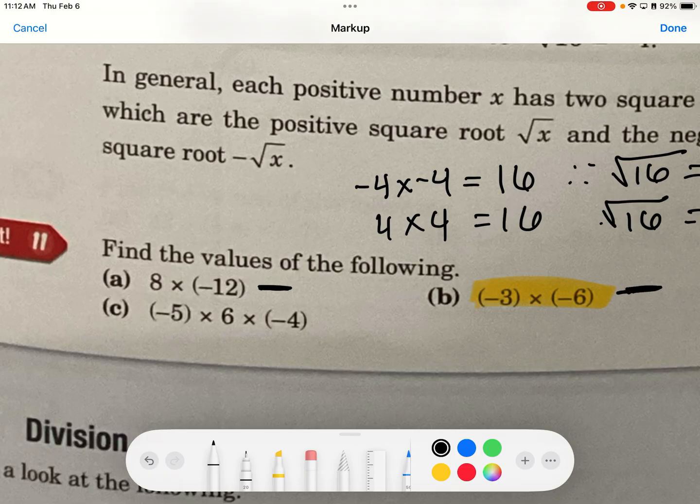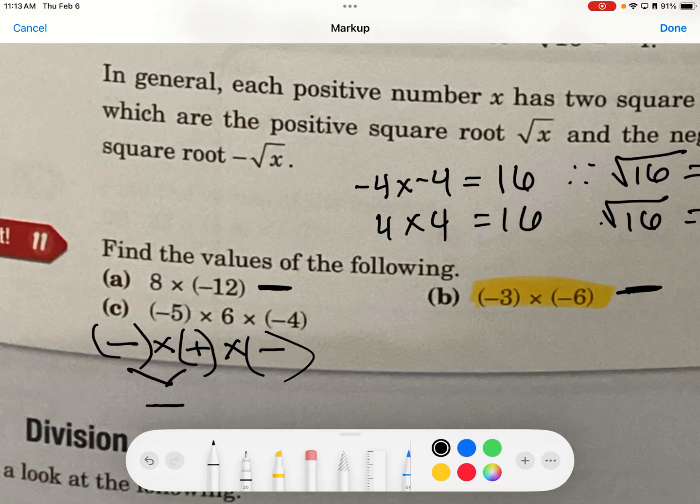Bingo. Now, this one. Tell me what it is, but walk me through it. Left to right. Okay, so, like one of the problems before, we have negative times a positive times a negative. So we do the negative times a positive, but we have the negative on the outside. So it's like 5 times 6 in parentheses and then negative on the outside times -4.